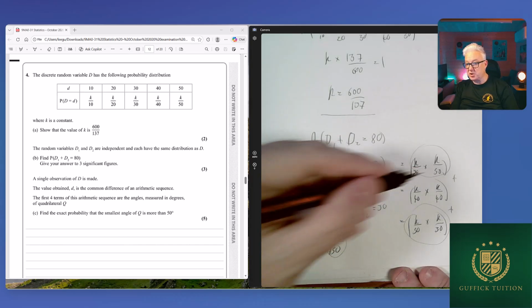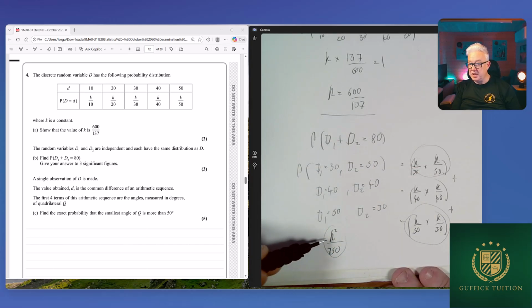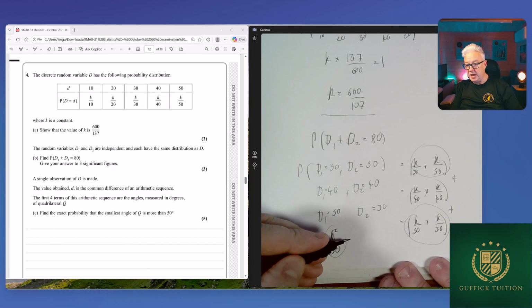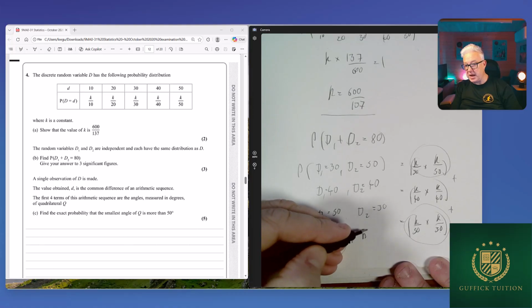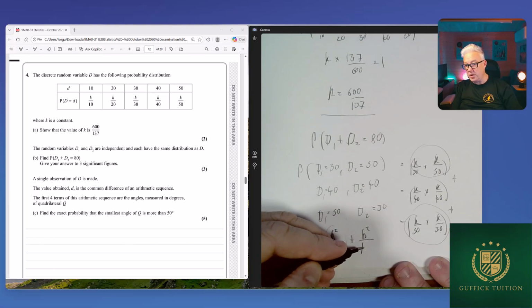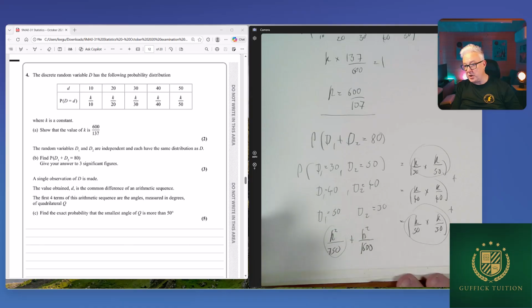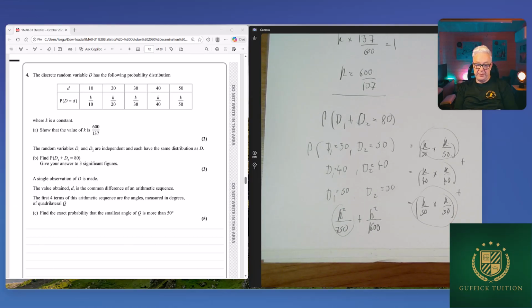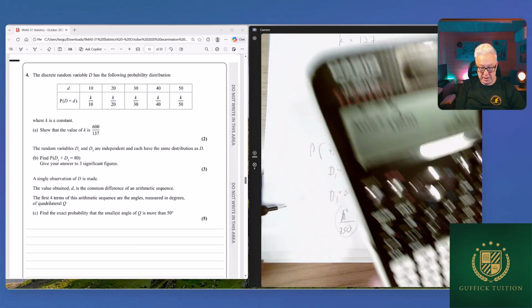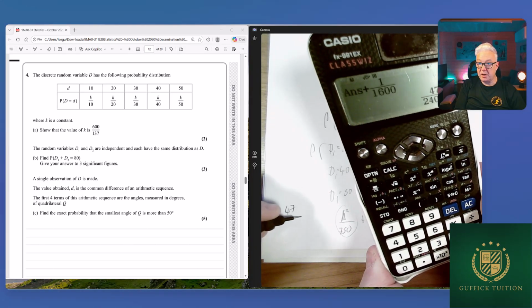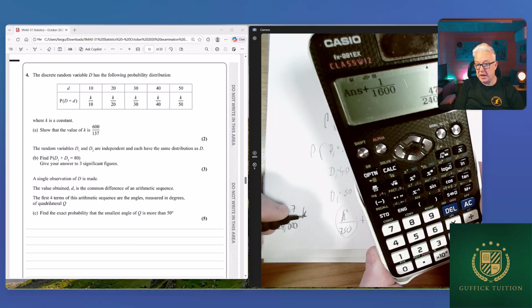Those fractions, when you add them together, come to 1 over 750. And then it's plus k squared over 1,600, because it's 40 times 40. So 1 over 750 add 1 over 1,600 gives us 47 over 24,000 times k squared.